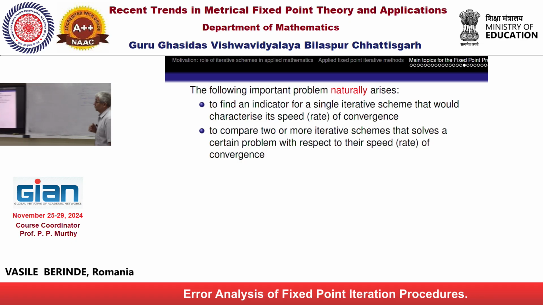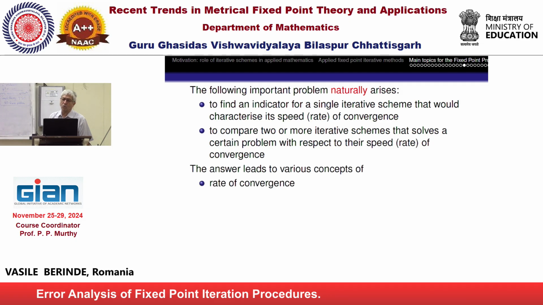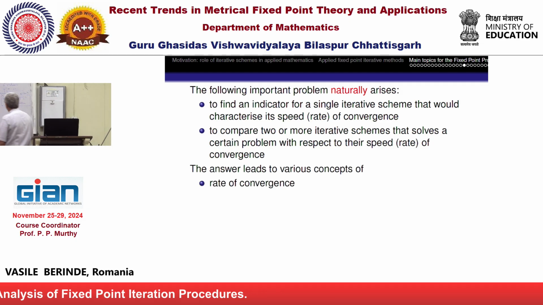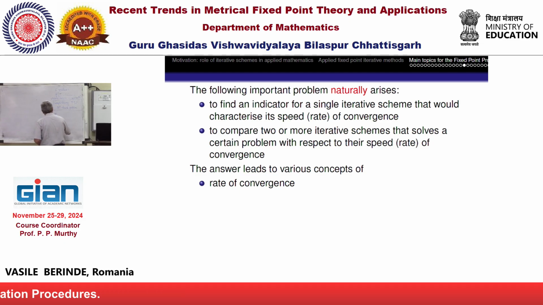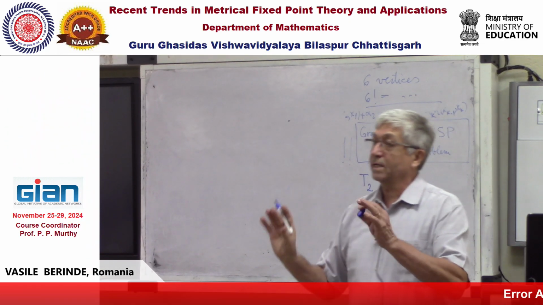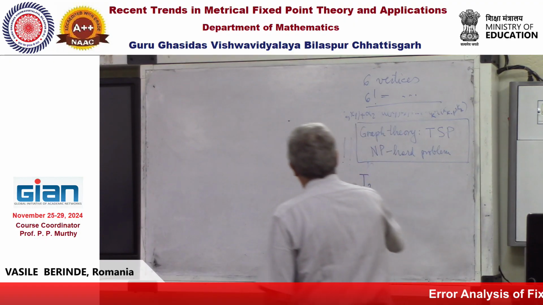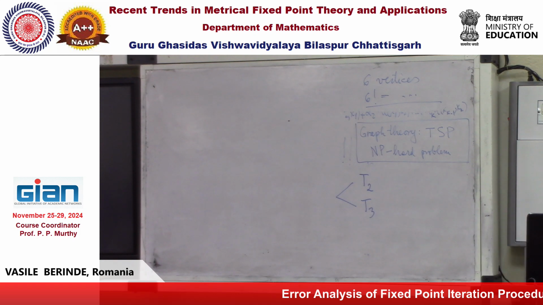We want tools to compare two or more iterative schemes. We had the iterative schemes corresponding to T2 and T3; how can we compare these two and choose among them which one should be used in applications?